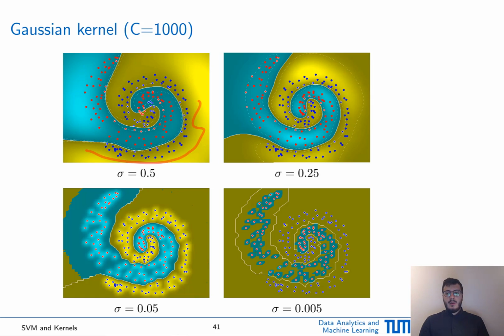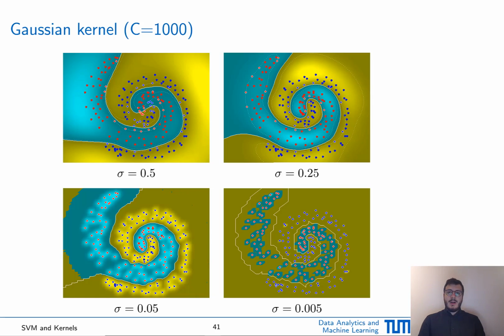And then the other thing we see here on this example is that the smaller the value of sigma, the more fine-grained the decision boundary is. So if you look at the decision boundary over here, we see we have many more wiggles, and the decision boundary is much more fine-grained compared to this example where we have a smoother decision boundary.